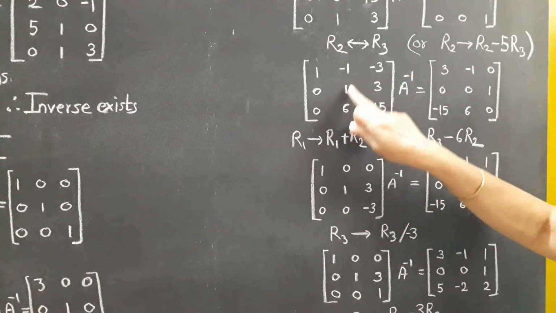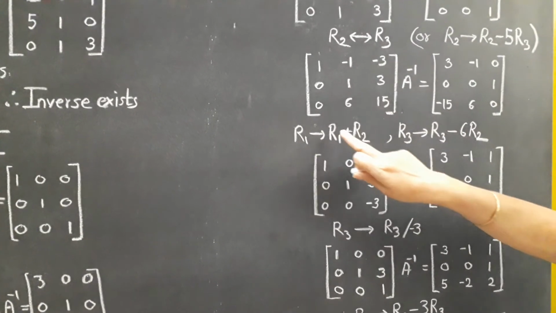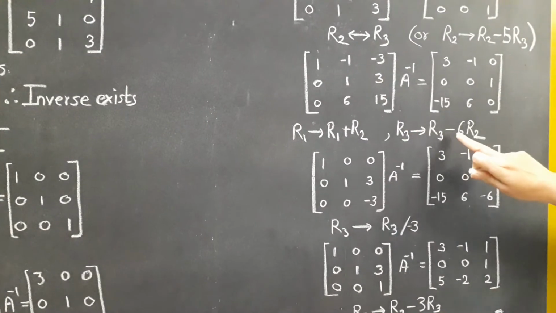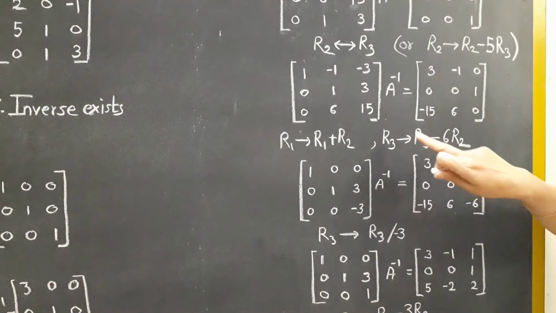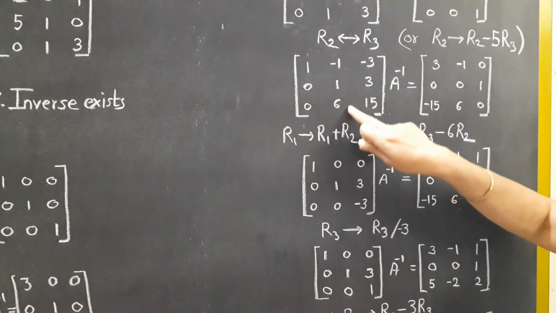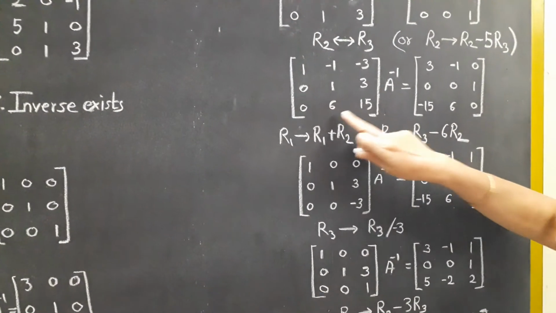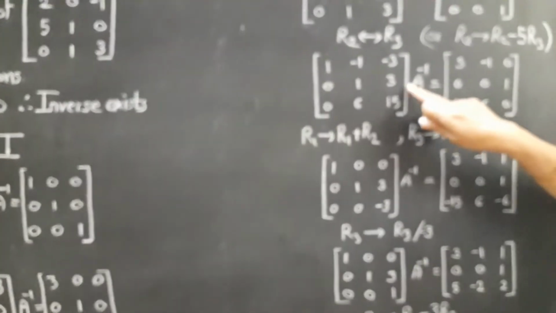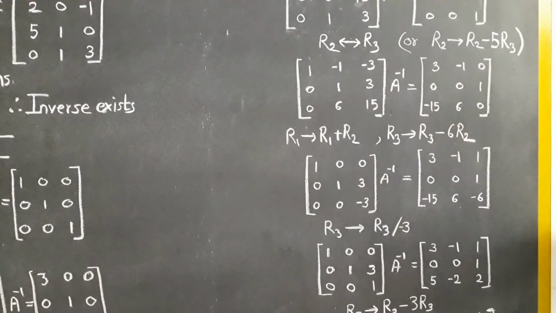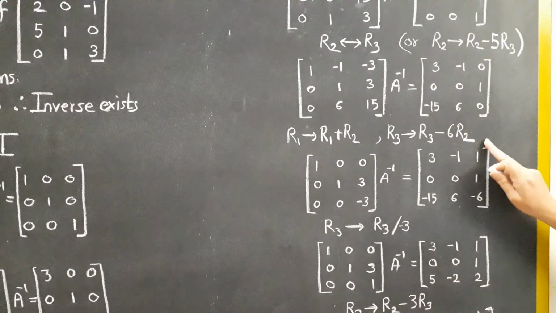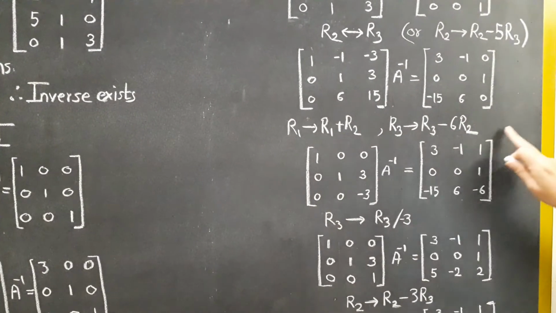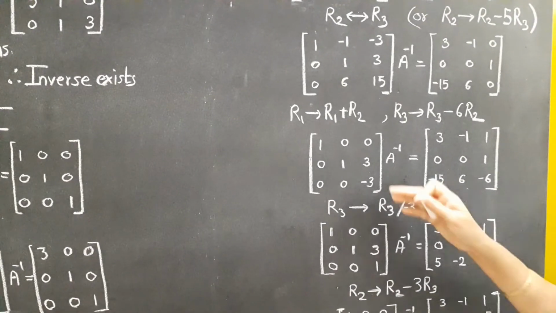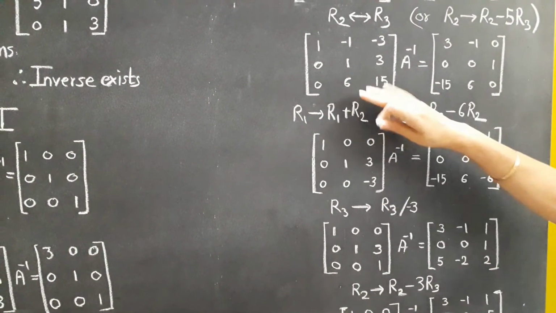So R1 plus R2 will give me 0 automatically. In the same manner, R3 minus, see that the opposite of 6 is minus 6, so minus 6K, and I am using R2 because I am completing C2. This is that. So we consider these transformations now and find out accordingly.